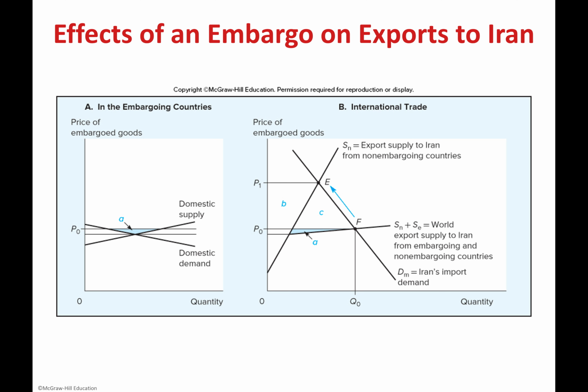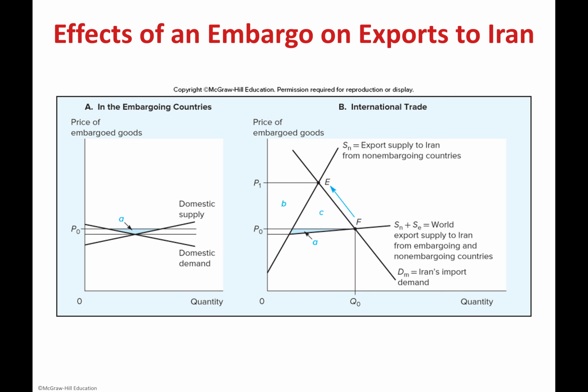So this is a price of P1, and obviously at a quantity of less than Q0. What's happened here? Well, clearly consumer surplus for the country concerned has gone down by B plus C, but also the producer surplus A from those embargoing countries has also gone.